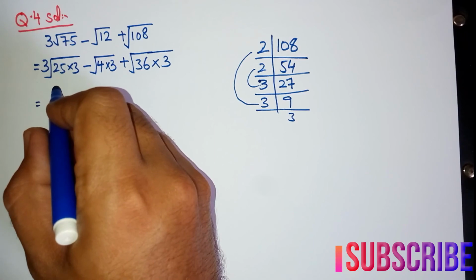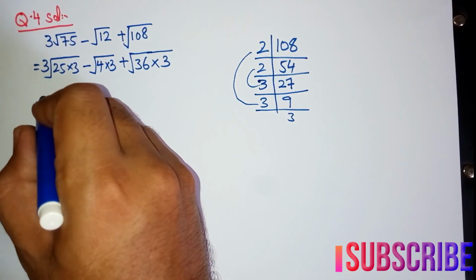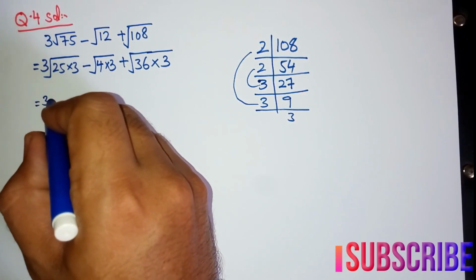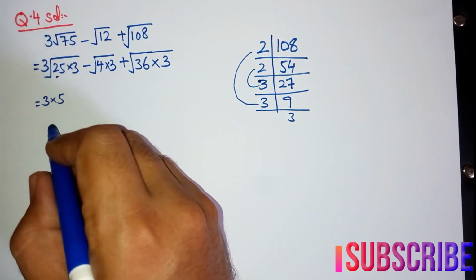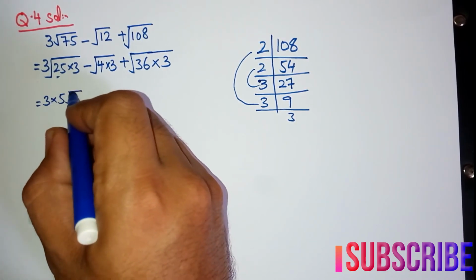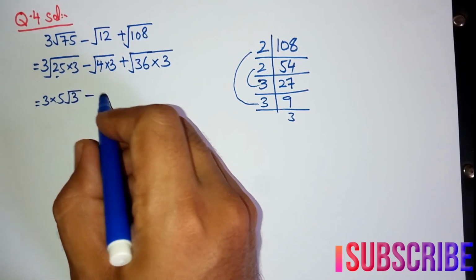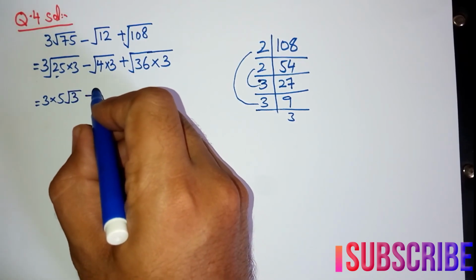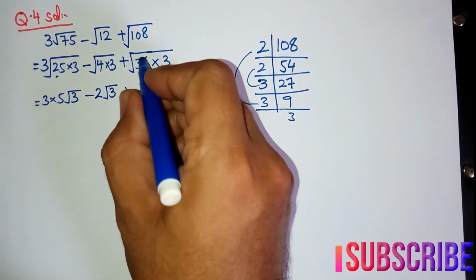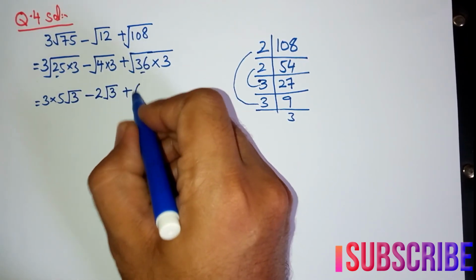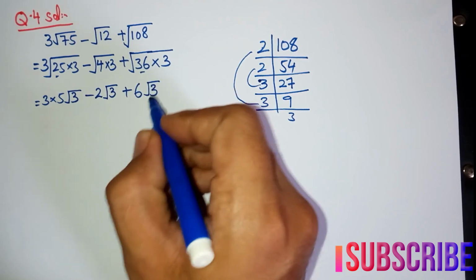Here the square root of 25 is 5, and the 3 was already outside, so we multiply by this 5: 3 times 5 is 15 square root 3. Minus square root 4, which is 2, so minus 2 square root 3, plus square root 36, which is 6, so plus 6 square root 3.